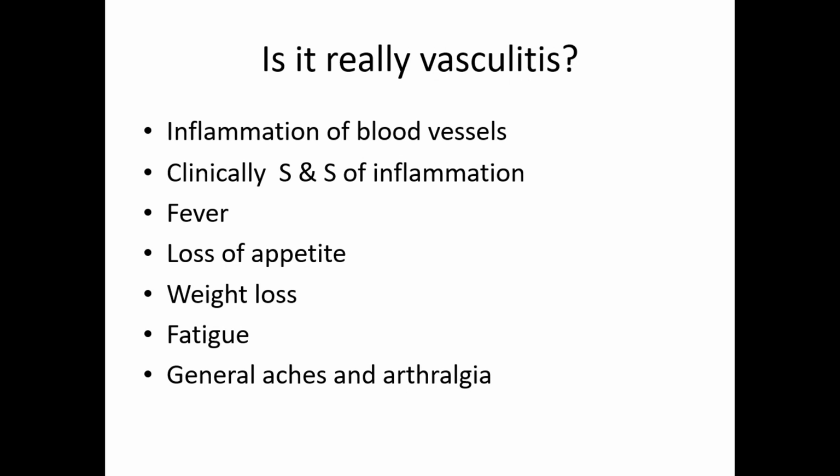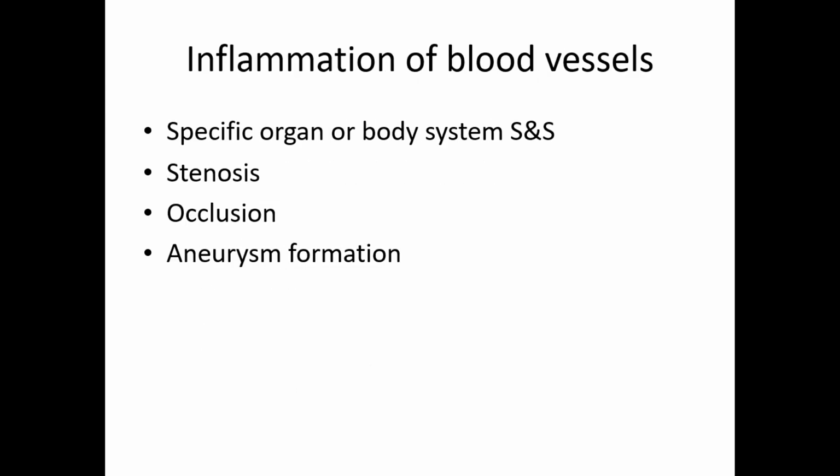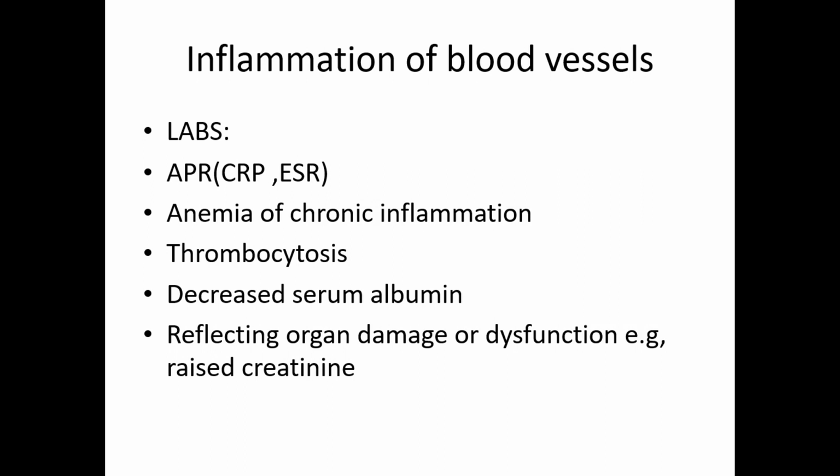Because you will come across a lot of mimics, as Dr. Latif earlier mentioned about the lupus mimics. Likewise, you can have vasculitis mimics as well. And of course, it affects the blood vessels, with stenosis, occlusion, aneurysms, it can affect any organ system, and it can be life-threatening and organ-threatening at the same time.